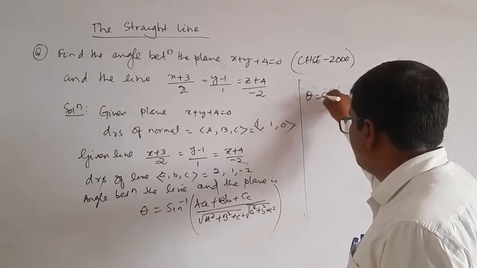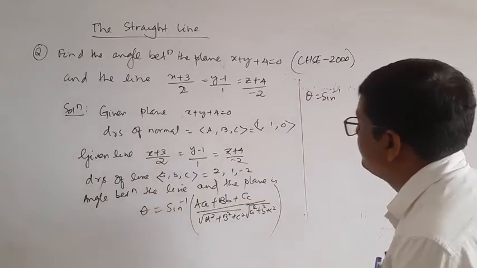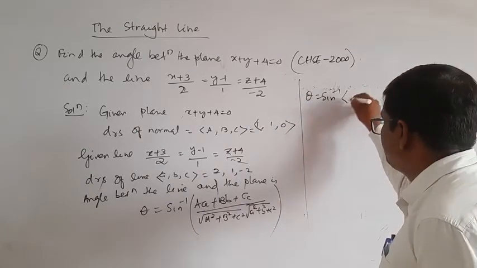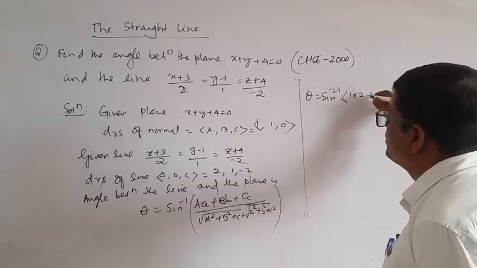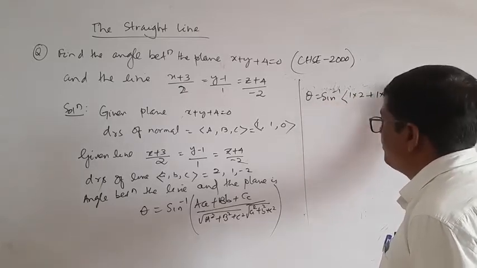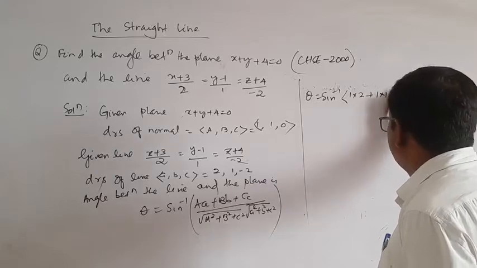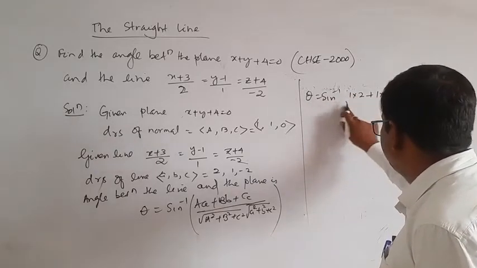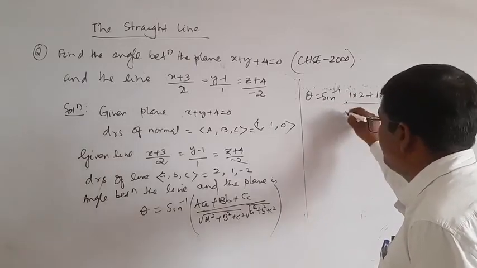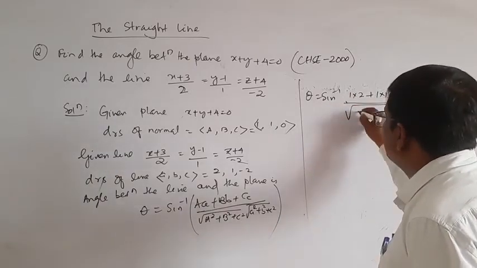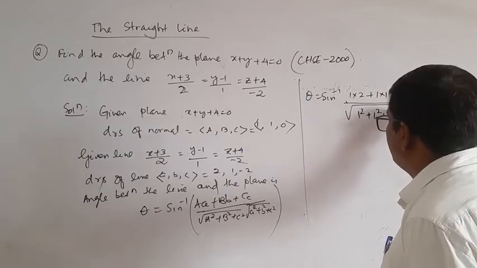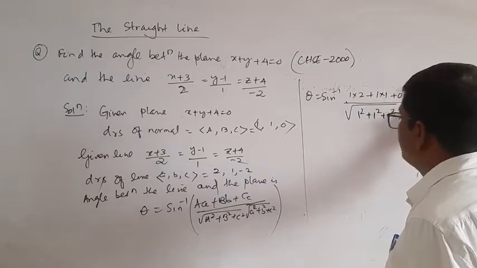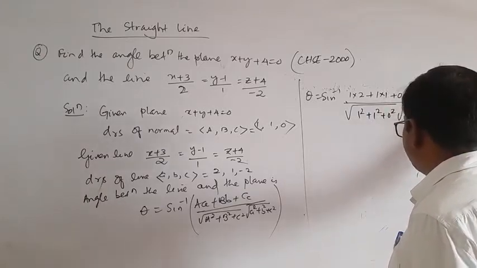Here, sin inverse of (1 into 2 plus 1 into 1 plus 0 into minus 2) divided by root over 1 square plus 1 square plus 0 square, and root over 2 square plus 1 square plus minus 2 square.